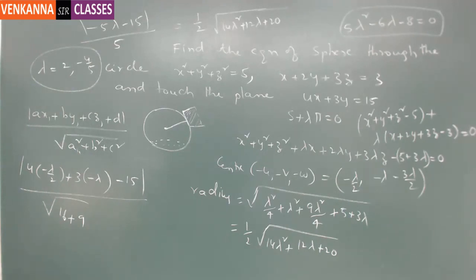So here what happens, you will get two sphere equations. By substituting lambda equal to 2, you will get one sphere. By substituting lambda equal to minus 4 by 5, you will get the other sphere. So please take a note of this, then I will write the sphere equations. You can cross verify the answer.